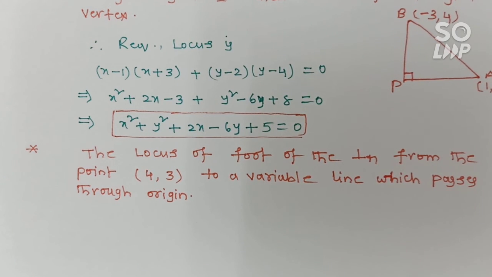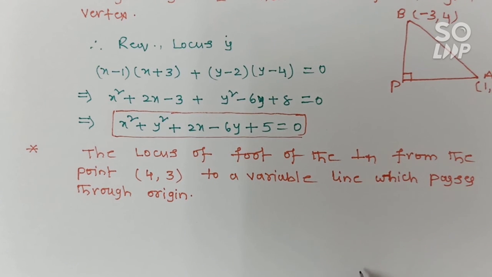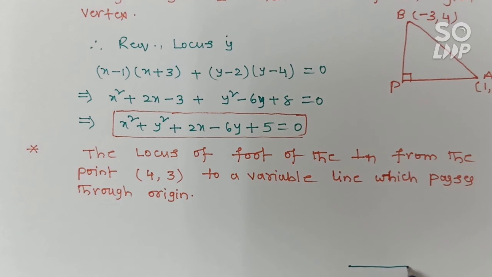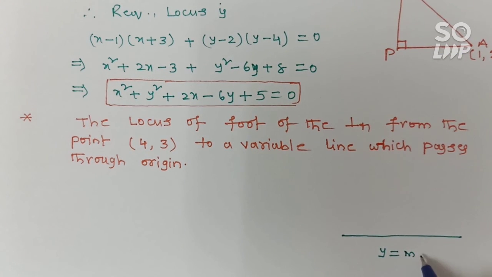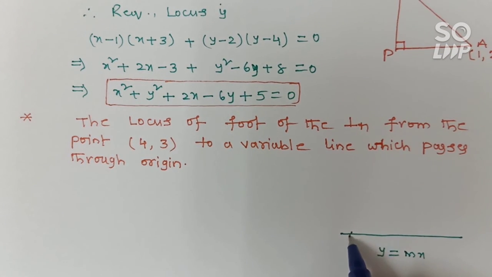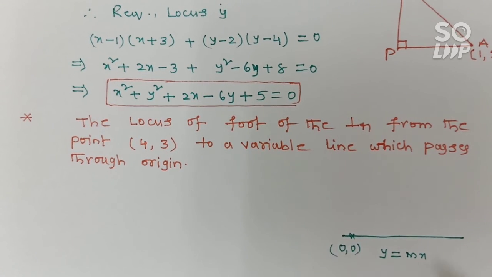You know the line which passes through the origin has the general form y is equal to mx. So the variable line is y is equal to mx, which always passes through the origin 0, 0.